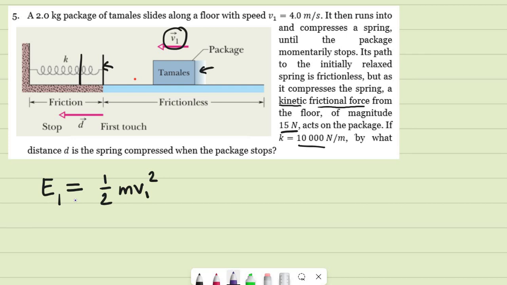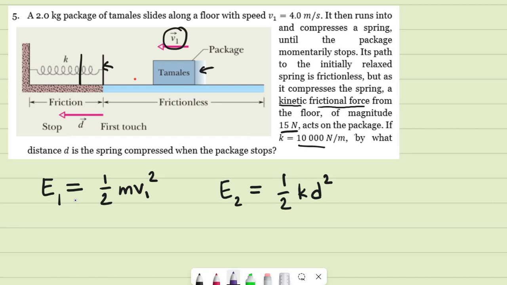Then we have the mechanical energy at the second position, when the package compresses the spring, given by half k d squared. This is the point when the spring and the package stop.